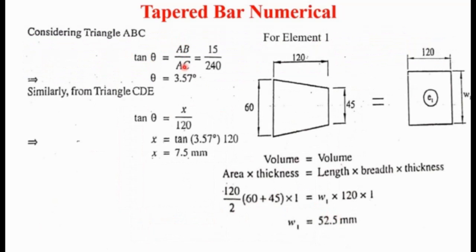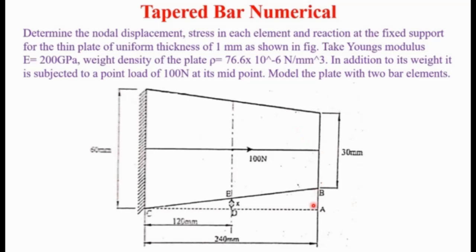Here AB is the total 60 mm, and from this center up to this A it is 30 mm, and from this center point to this again it is 30 mm. That means it is total 60 mm.